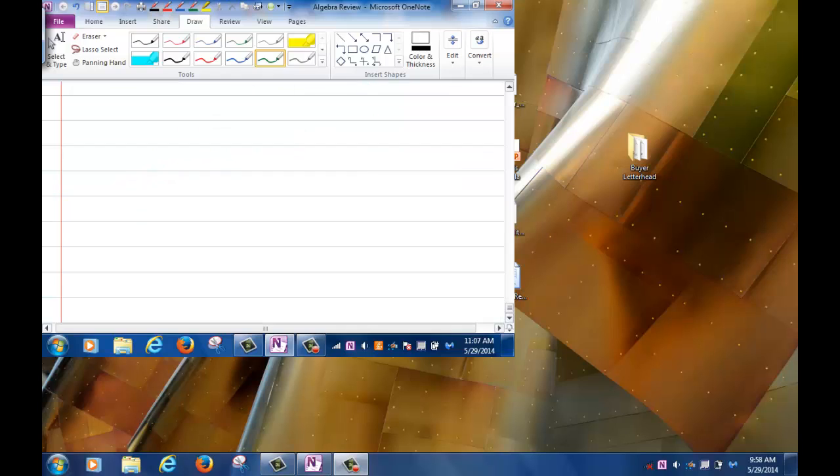In your exercises you'll be asked what is the value of cosine theta at 11 pi over 6, for example. So let me do that example. Let's say I want to find the value of cosine at 11 pi over 6.